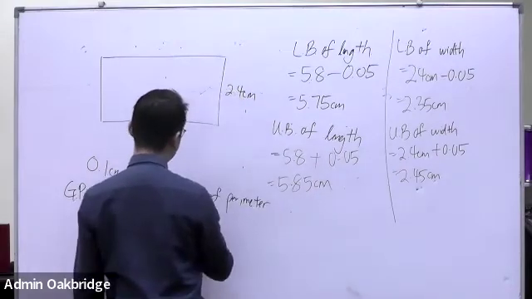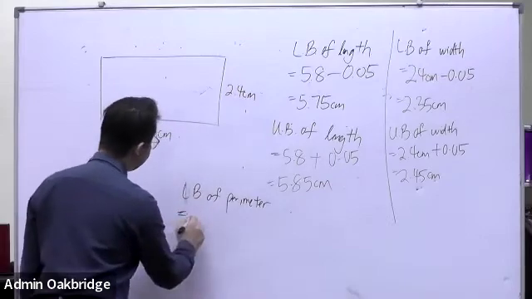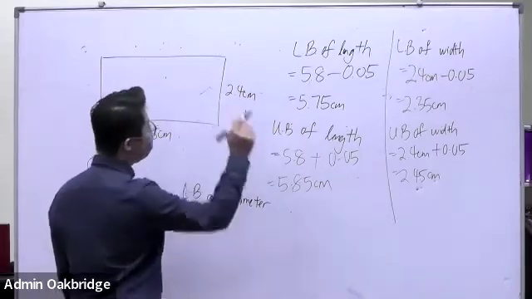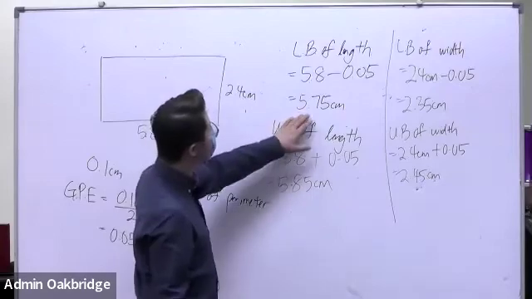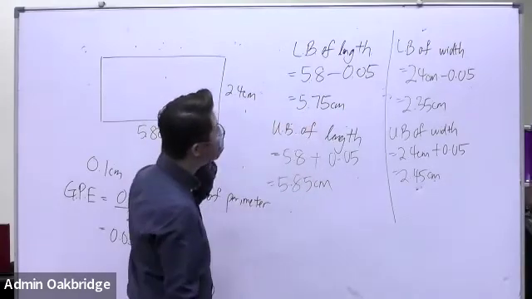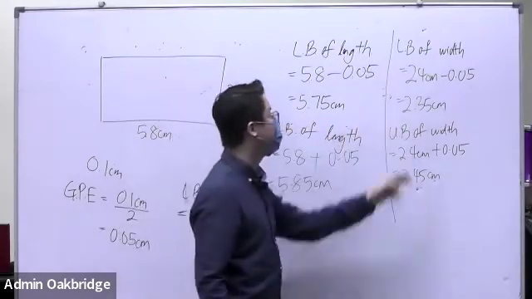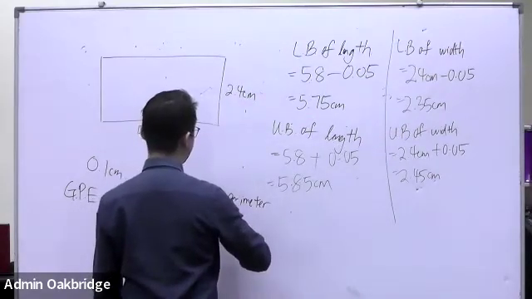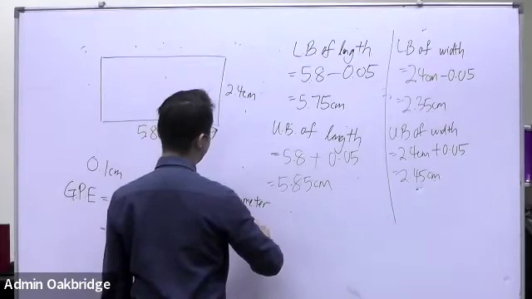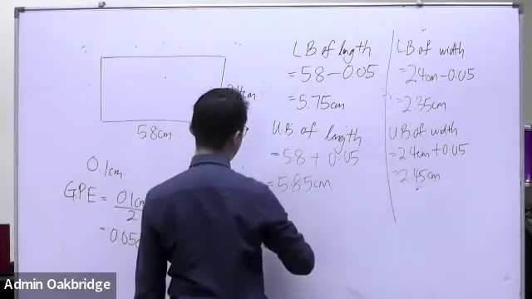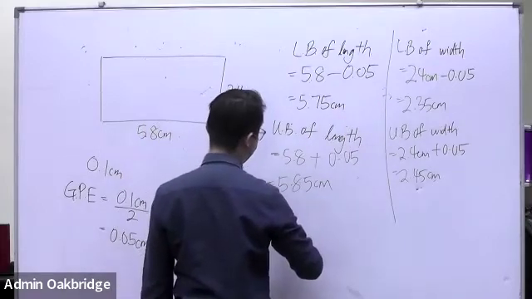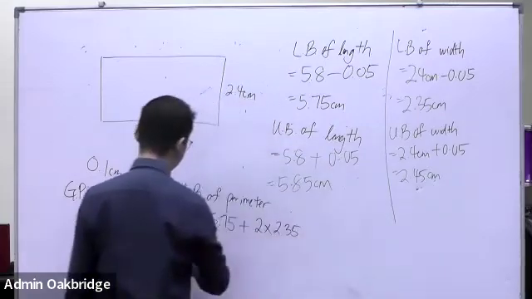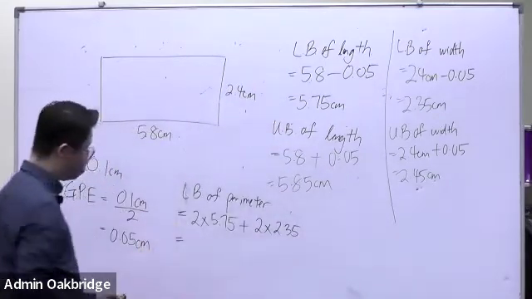Here's the way to get the lower bound of the perimeter. You take all the lower bound measurements, 5.75 and 2.35. So you take 2 times 5.75 plus 2 times 2.35, the lower bound of the width. So this is the sum of the measurements only.